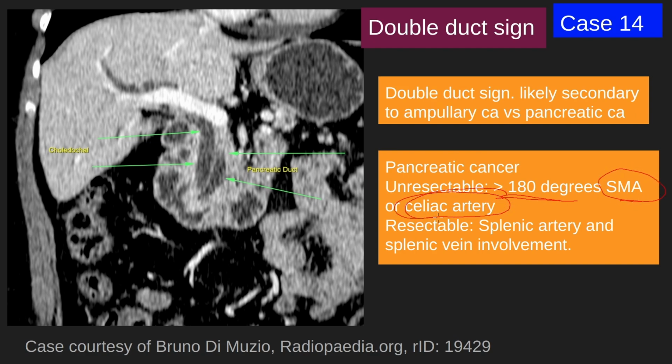If any of these vessels are encased for more than 180 degrees, that makes them unresectable. Other vessel involvement like splenic artery and splenic vein involvement does not make them unresectable.